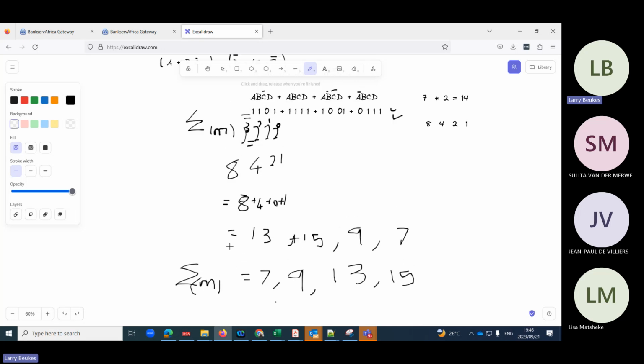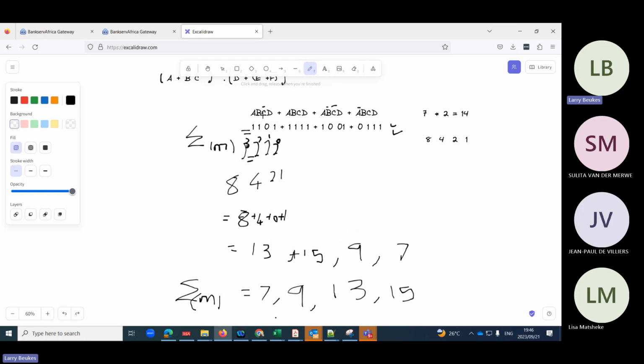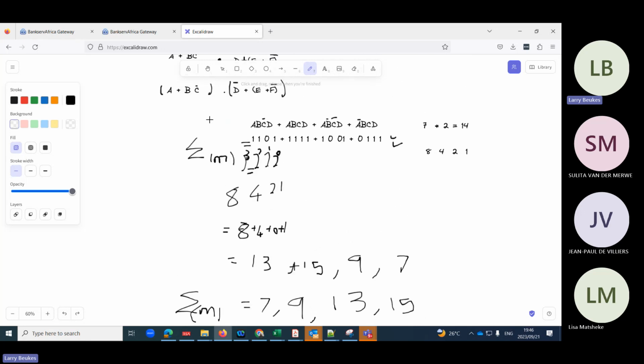Let's say the variables should be A, B, C, D. Normally they will say X, and then put a small bracket, and then here they will have A, B, C, D. Then you know how many variables you are working with. So it's normally 4, A, B, C, D. Are you guys with me? Then you know it's 4, right?